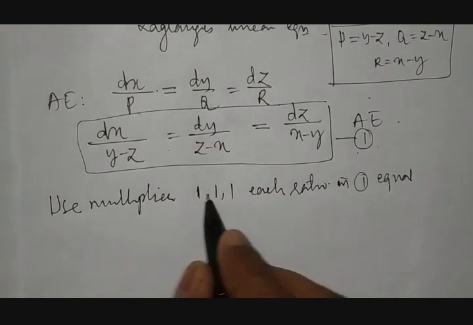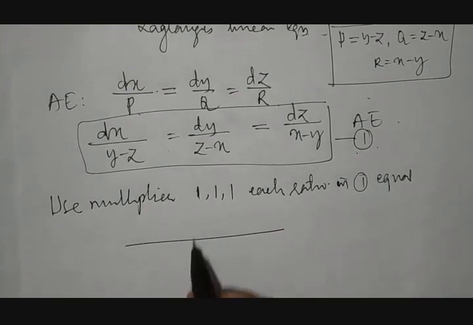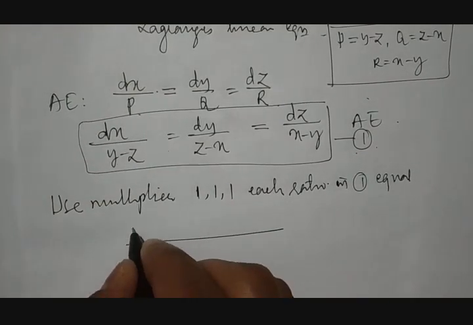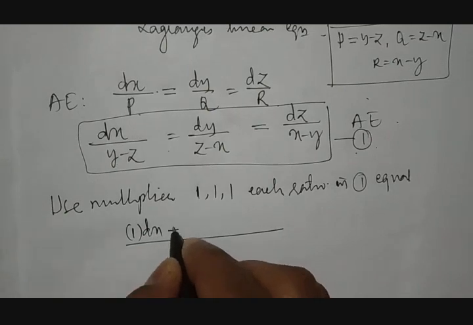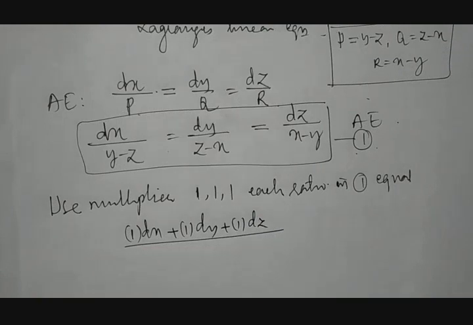If I choose 1, 1, 1, the entire numerator will also be added with multiplier 1. So 1 into dx plus 1 into dy plus 1 into dz.